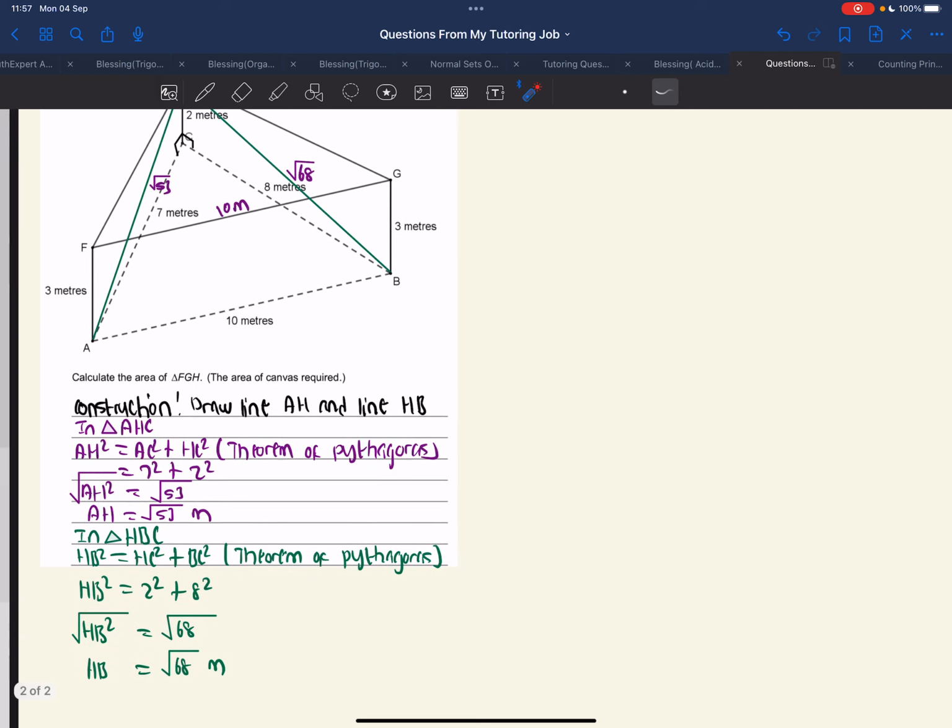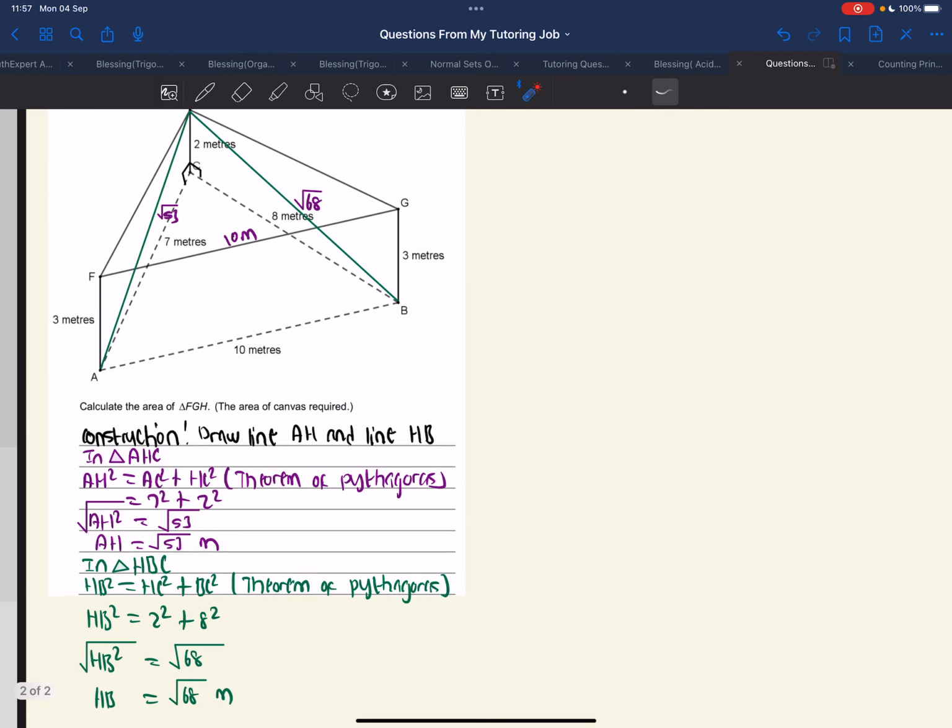Okay, now to find those angles, we're still working in the same triangle.